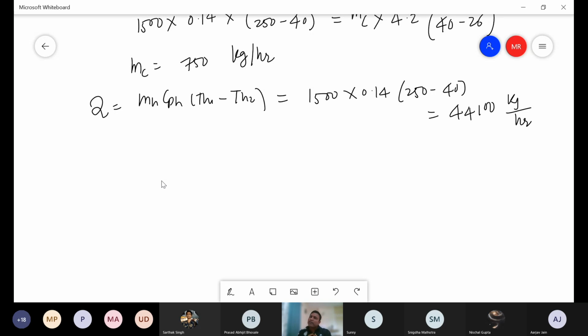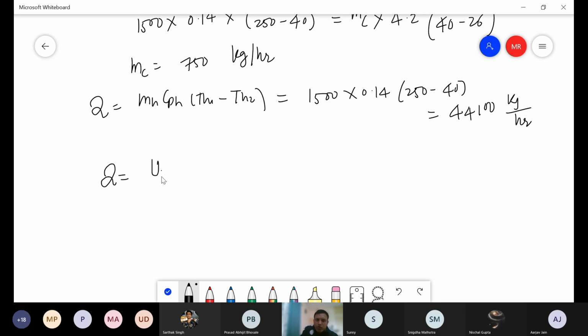Correct. So now in order to find the heat transfer area, remember the expression is this: Q is given as UI AI delta T LMTD. This is the expression, correct? So first you have to find UI and delta T LMTD. Q you already found from this, isn't it?